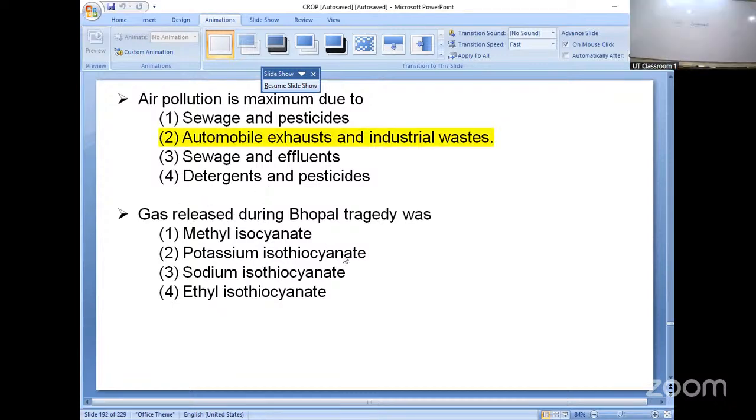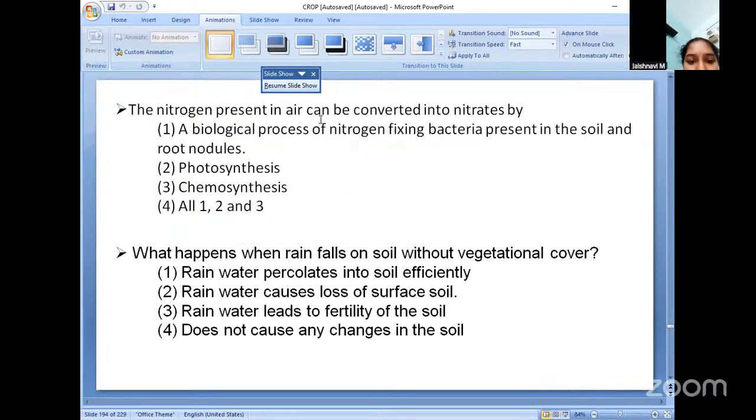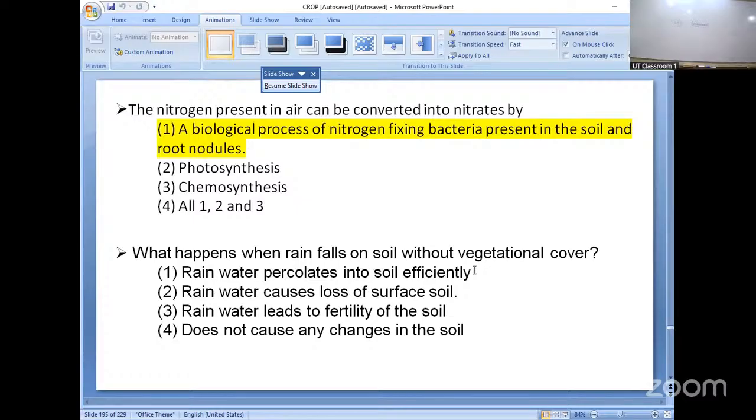Gas released during the Bhopal gas tragedy: methyl isocyanate. The nitrogen present in air can be converted into nitrates by the first one. What happens when rain falls on soil without vegetational cover?